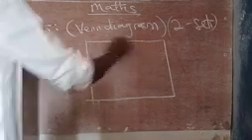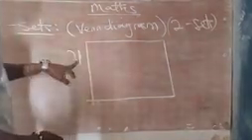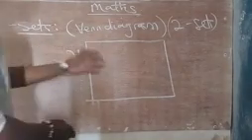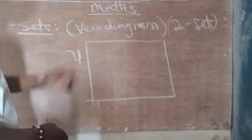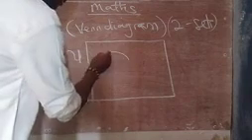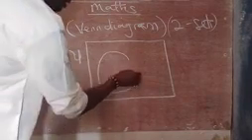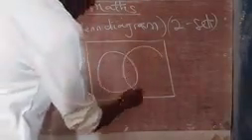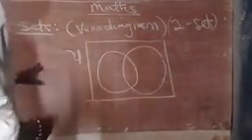So, what are the attributes of a Venn diagram? A Venn diagram consists of a universal set U. Let this rectangular box represent the universal set, and it will have two other subsets inside it, which are the proper subsets of the universal set U. Let the first circle represent the first proper subset, and the second circle the second proper subset.